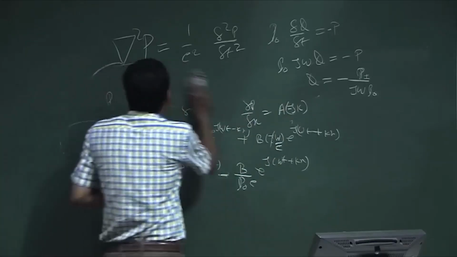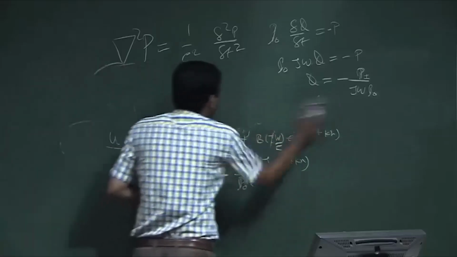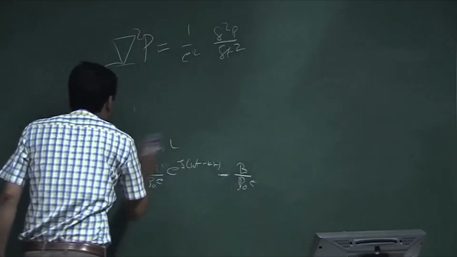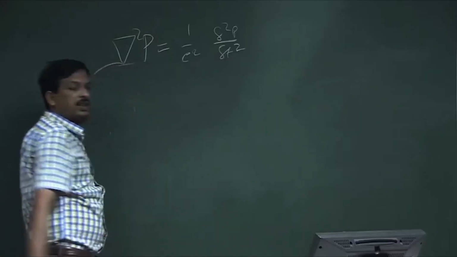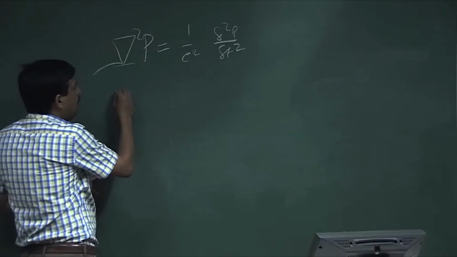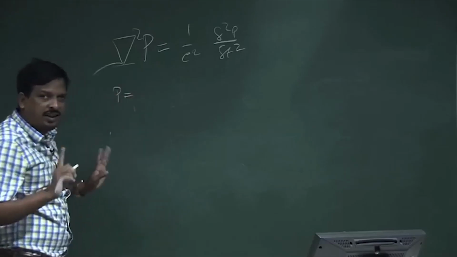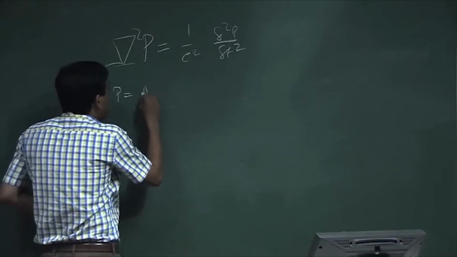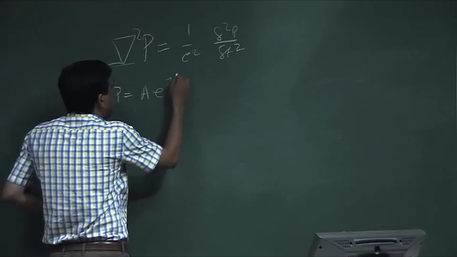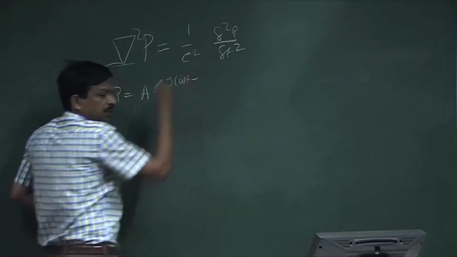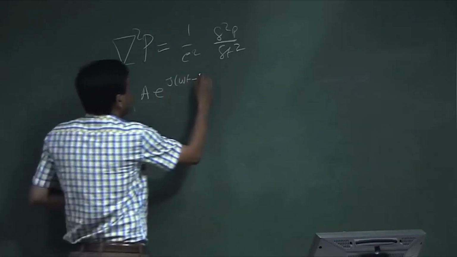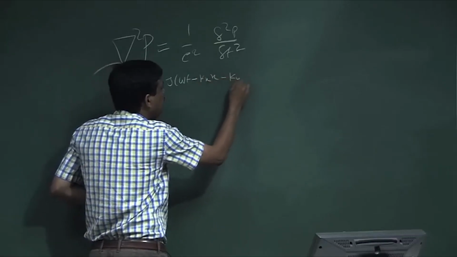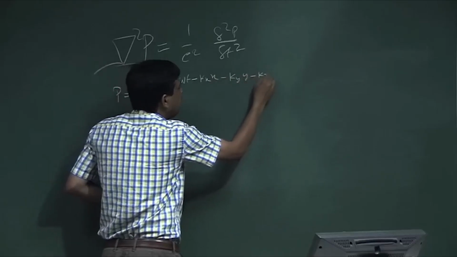Now what is the plane wave equation? This is the plane wave equation. Now in case of an arbitrary direction, if I consider the plane wave propagated in an arbitrary direction, the solution of p will not be only in the x direction. So it is x, y and z direction. So it is nothing but e to the power j omega t minus kx into x minus ky into y minus kz into z.